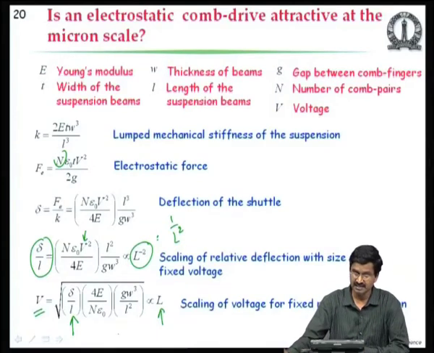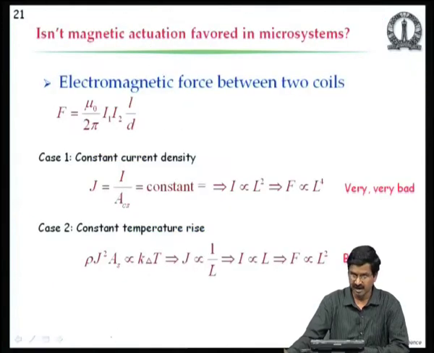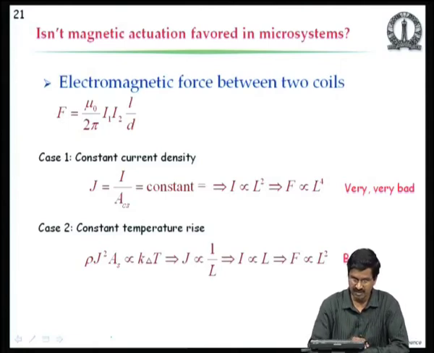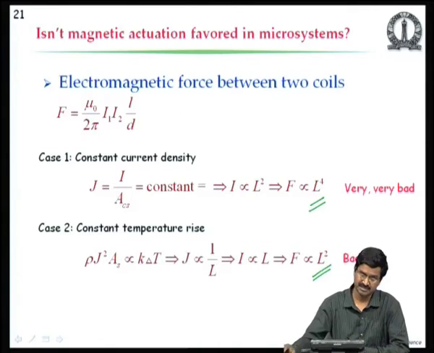So, there is clearly an attractiveness for electrostatics at the micro scale, and we had discussed this magnetic actuation. So, we will not talk about this again. It turns out that if you look at magnetic force between two coils, then it is proportional to the size raised to 4, or proportional to square of the size, which is not attractive for miniaturization.